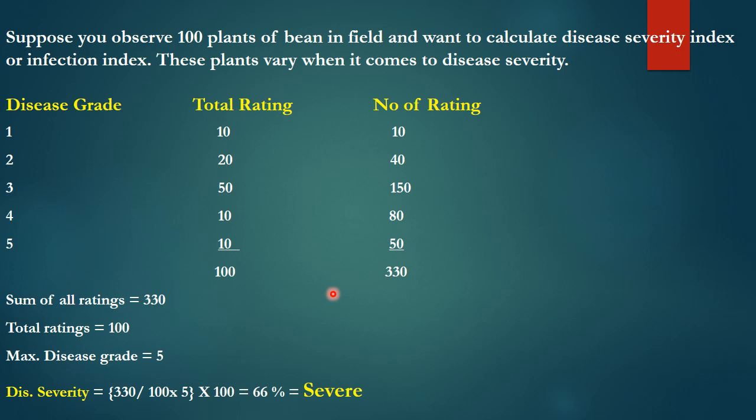This is how, by measuring the disease in the field, we can assess whether the variety or the plants present in the field are resistant or susceptible, and that data is published and accepted by the scientific community all over the world.